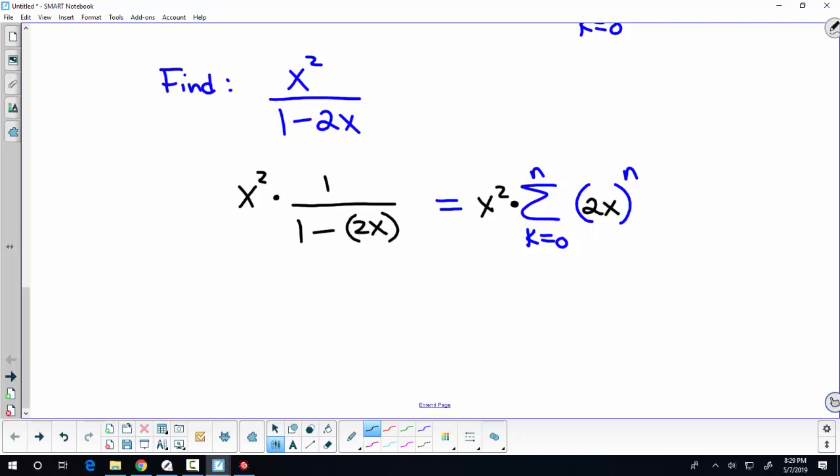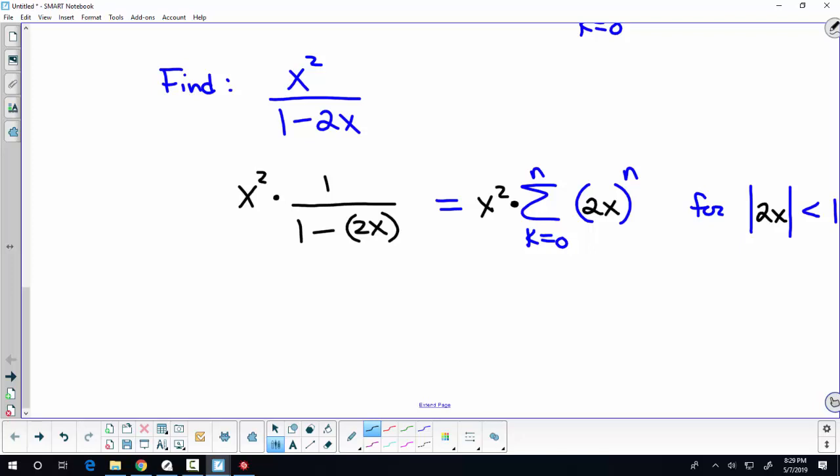Okay, and since we replaced x with 2x, this converges with the absolute value not of x less than 1, because x is now 2x. So the composition affects the interval of convergence. The only thing we had to ensure is when we multiply by a power of x, that the new power that results is larger than or equal to 0 for all of those terms.